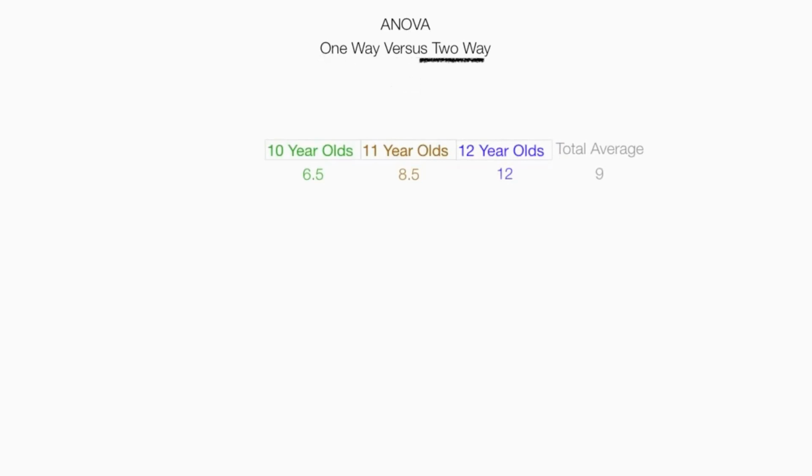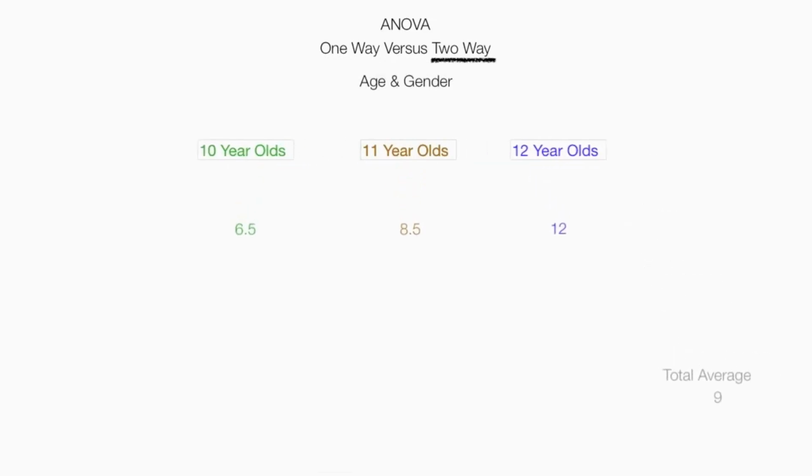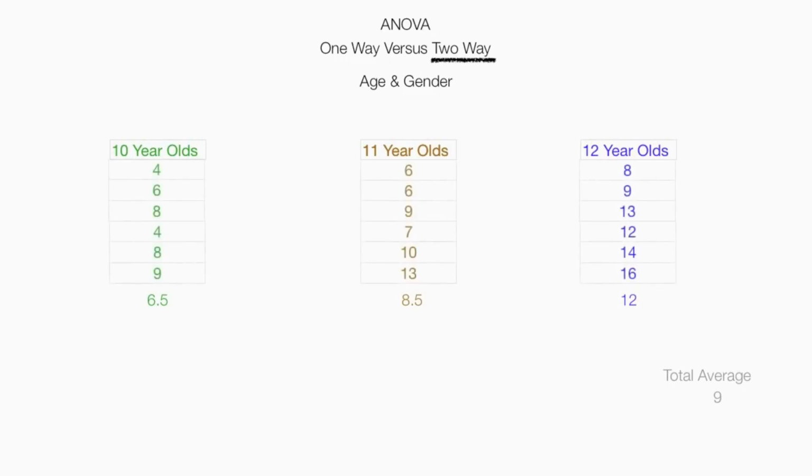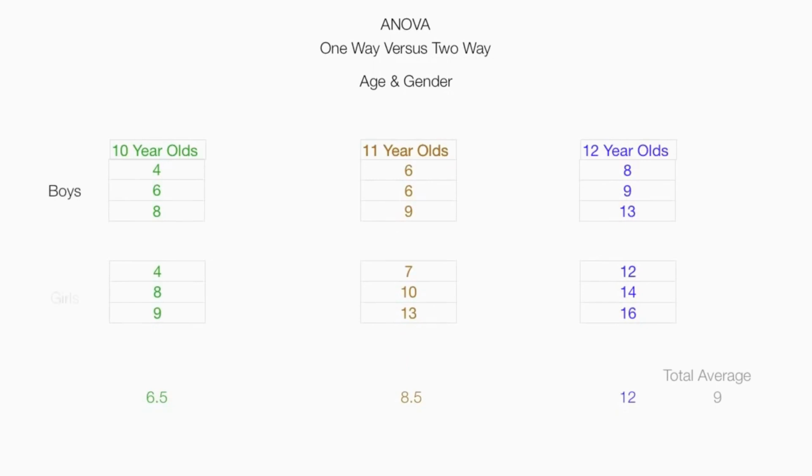Now in a two-way ANOVA, it's different. It's more complicated. So let's imagine I want to analyze my data by age and gender. I'll put everything back, with my test scores for the 10-year-olds, 11-year-olds, and 12-year-olds. The first group of data, I'm going to label as boys, and the bottom group is girls.